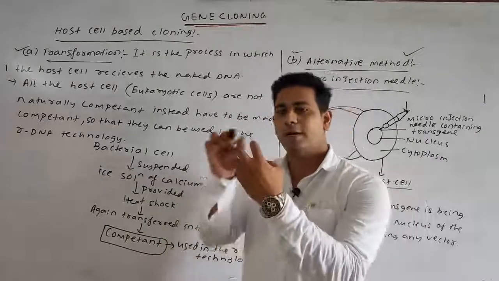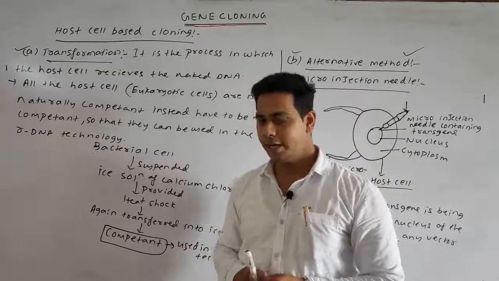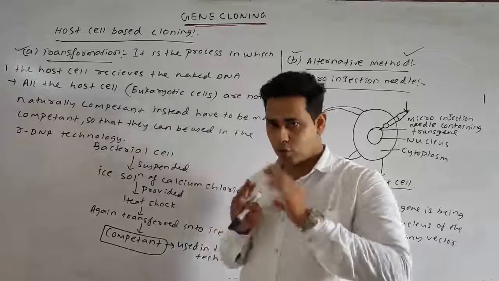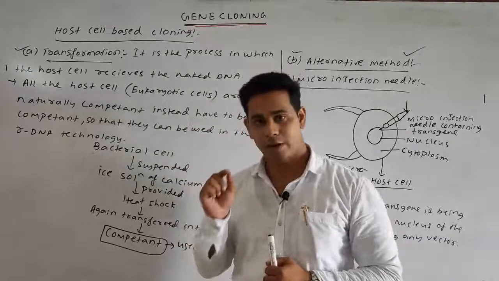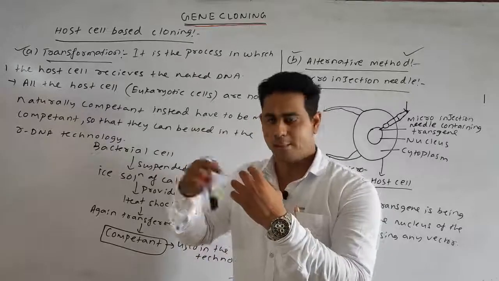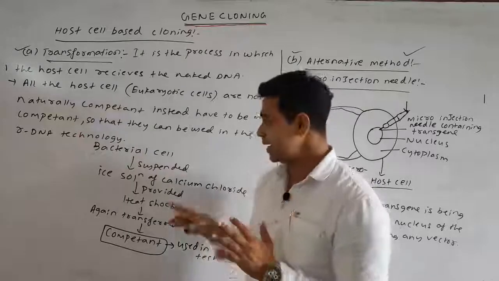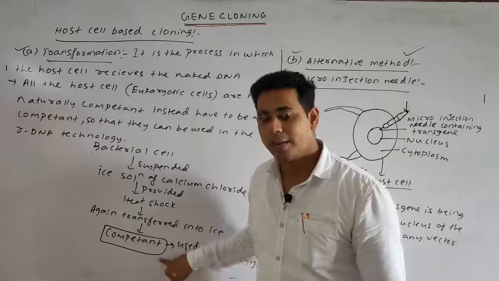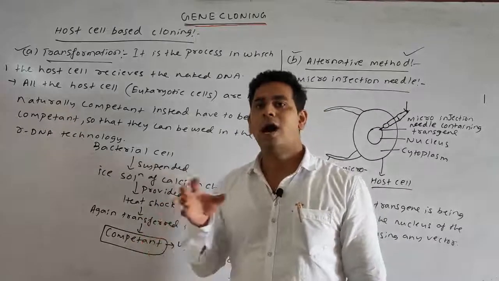The plasma membrane, which was impermeable to foreign DNA before, after becoming competent, the outer plasma membrane of the host cell becomes permeable to the DNA fragment, the foreign DNA, by which some pore-like segments form, and the foreign DNA enters into the host cell. So now the host cell has become competent, by which we can use it in the rDNA technology.